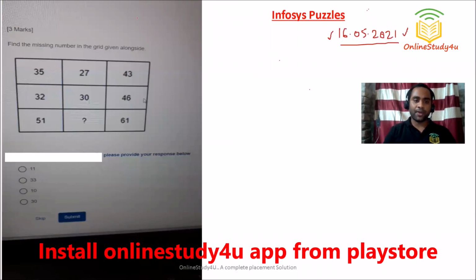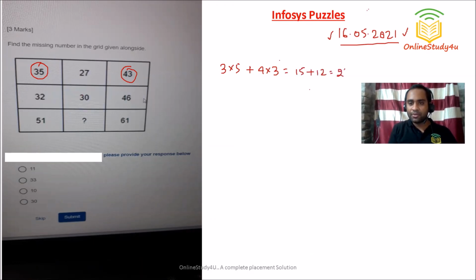So friends, question number 1: we have 35, then 27, 43, then 30, 46, 51 and 61. If we multiply 3 into 5 plus 4 into 3, it will become 15 plus 12, equal to 27.